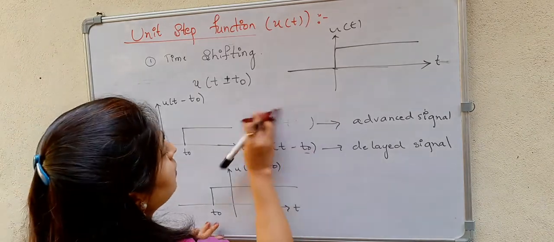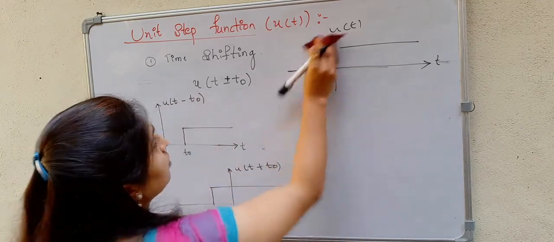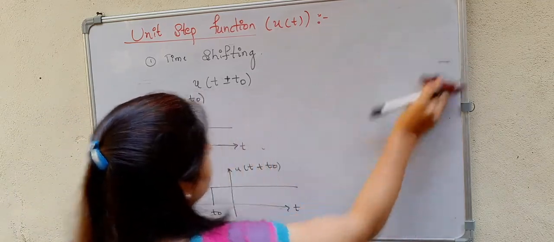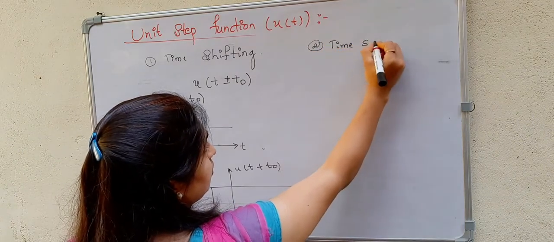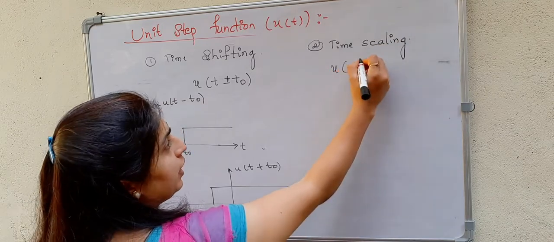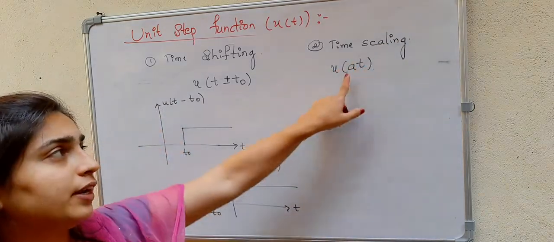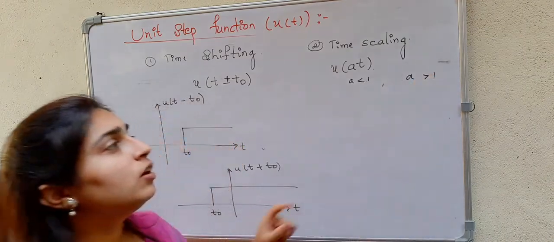Then comes the time scaling operation. So if I write u of at, with a less than 1 or a greater than 1.